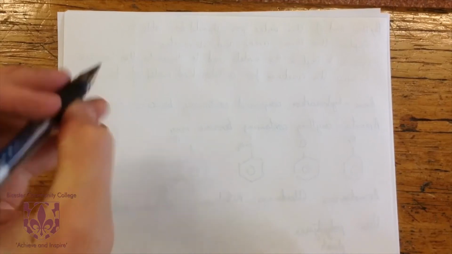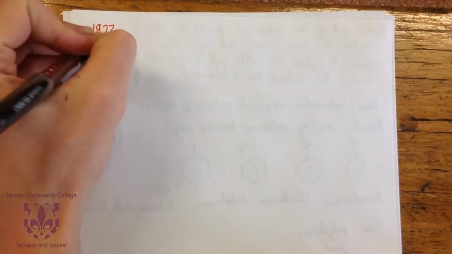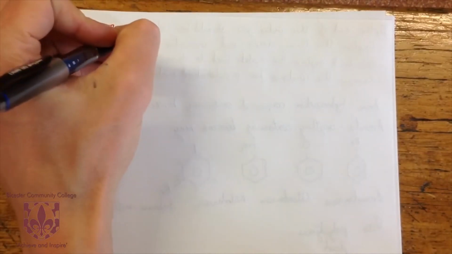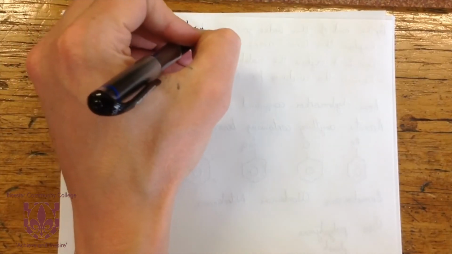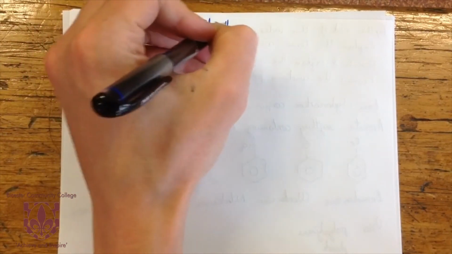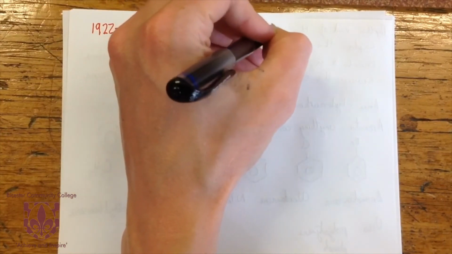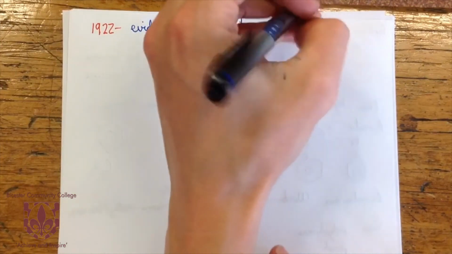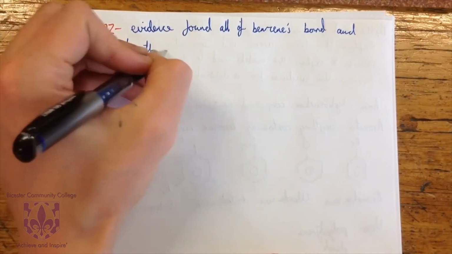But then, in 1922, following new techniques being invented, X-ray crystallography, so before DNA was discovered, evidence found all of benzene's bond angles and bond lengths were the same.